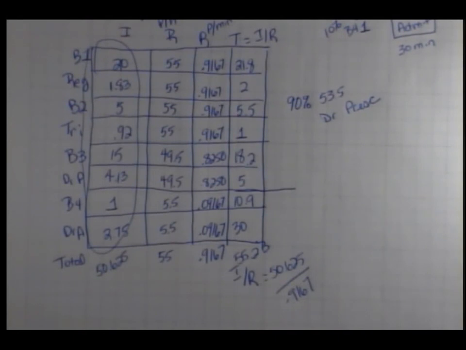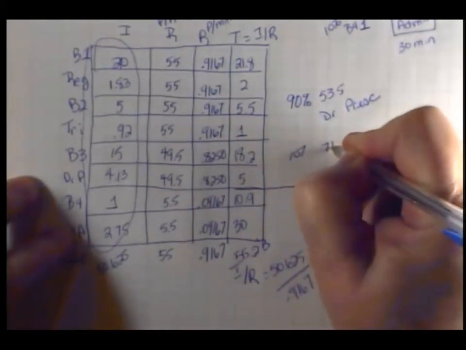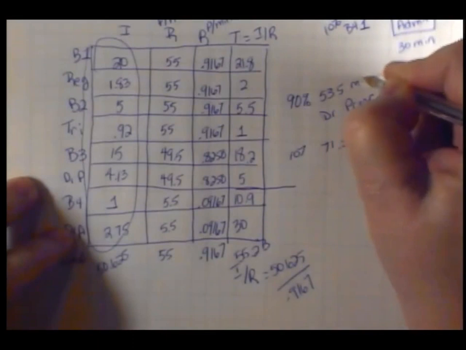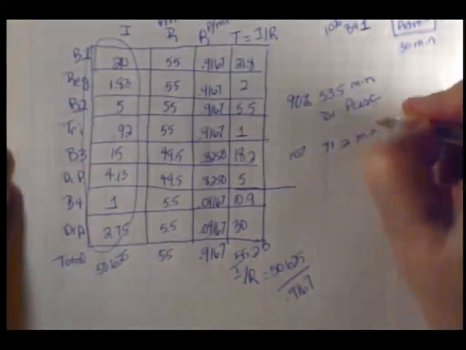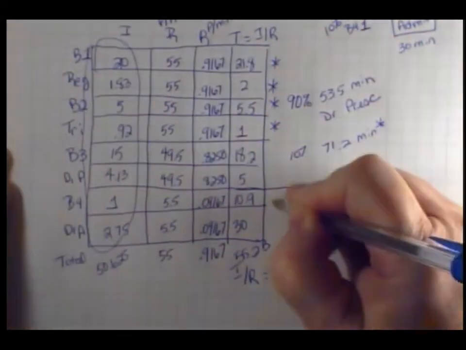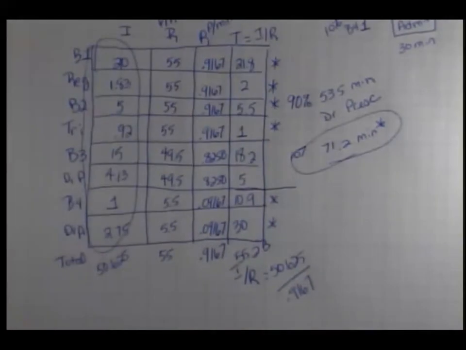All right, and so then I have 10% of my patients going through that admit process, and it takes 71.2 minutes when I sum those up. Okay? And what I did to get to the 71.2 minutes is I just added up each of those steps individually.